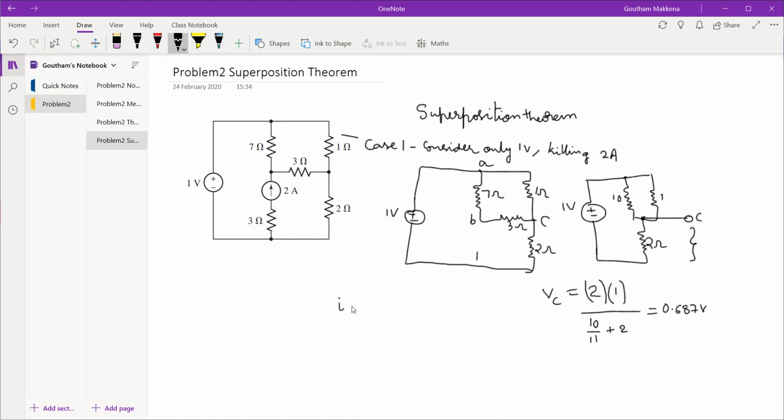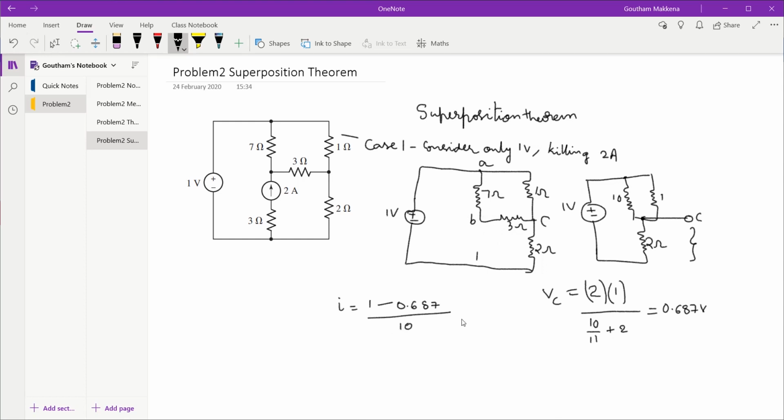Now I is this potential, which happens to be 1 volt, minus this potential which I just computed to be 0.687, divided by the resistance, which happens to be 10 ohm. Remember, 7 and 3 are in series, so whatever current is flowing through the 3 ohm is flowing through the 7 ohm and vice versa.